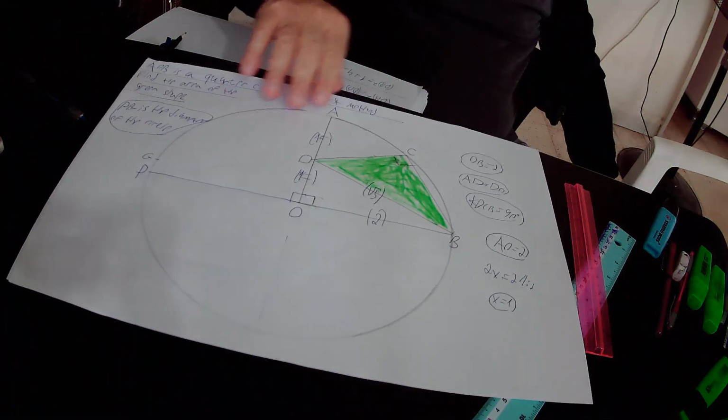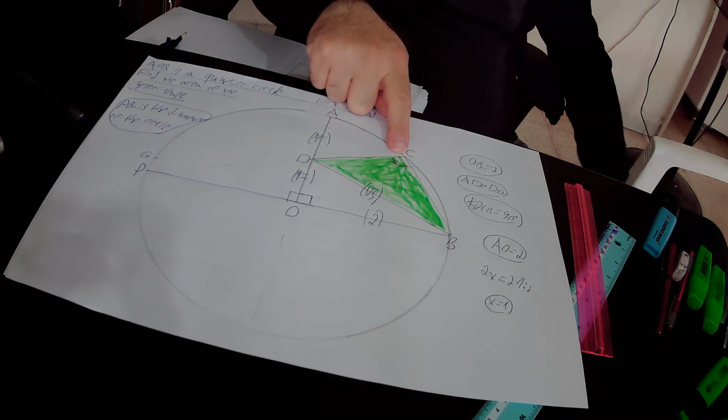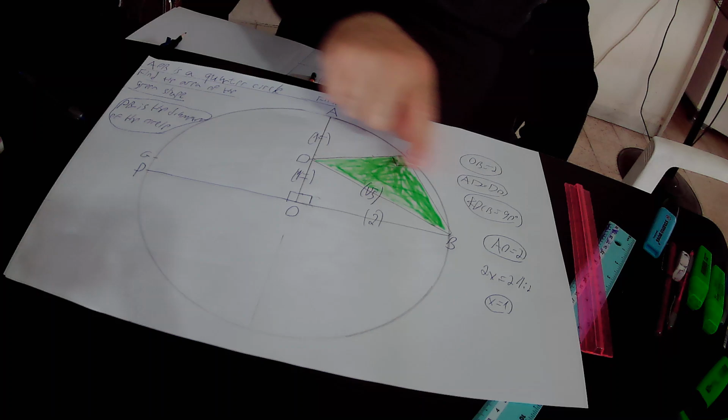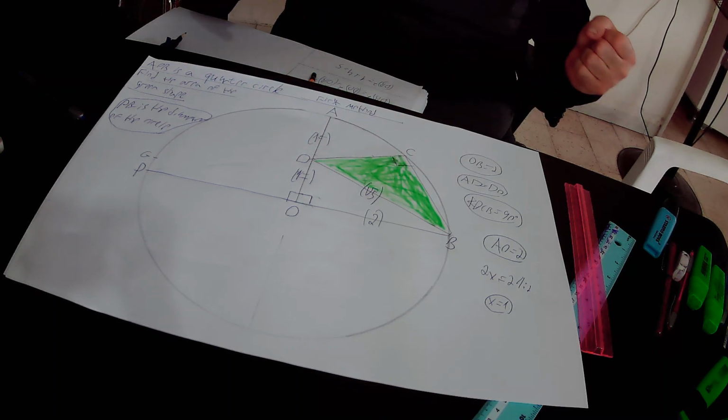But here we have peripheral angle BCG that is equal to 90 degrees in size, and it is subtended on BG, which is not the diameter of the circle. So we have a contradiction to rule 5.